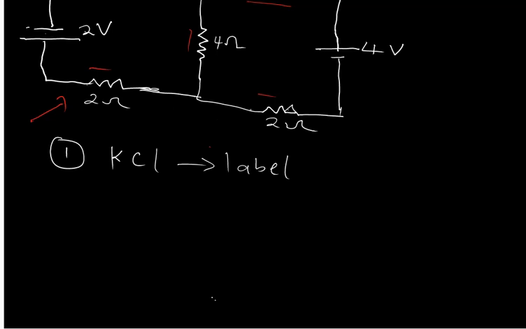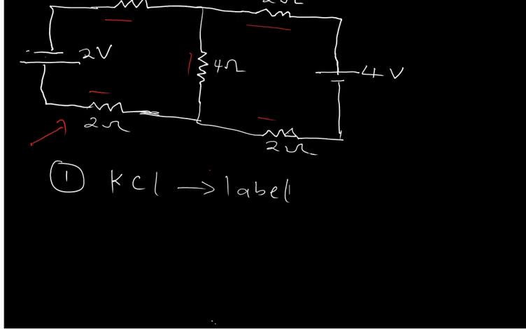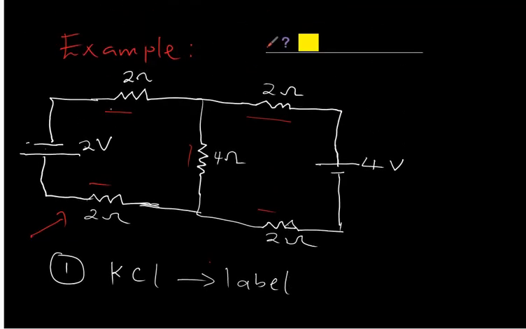This is very important. We need to use KCL so that I'll be able to label directly in the circuit the current across all these resistors. So that's the very first step, step one.